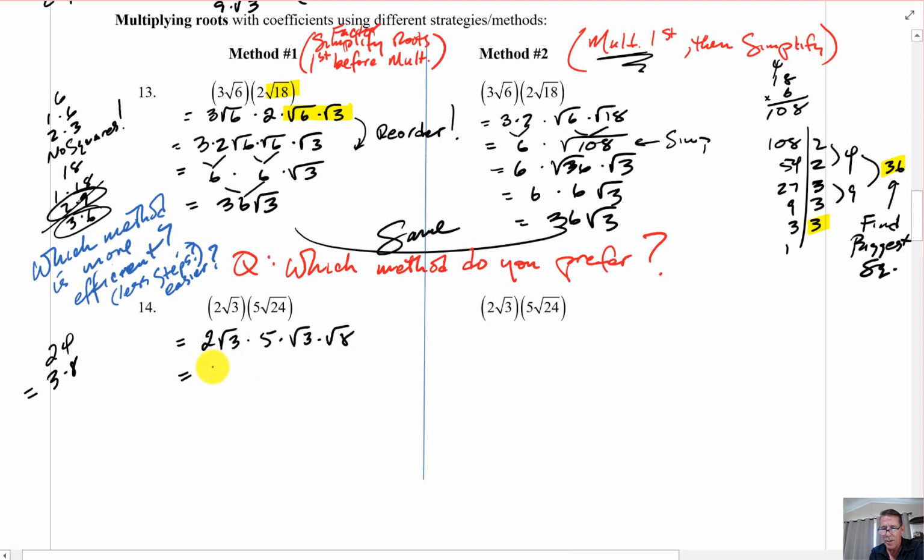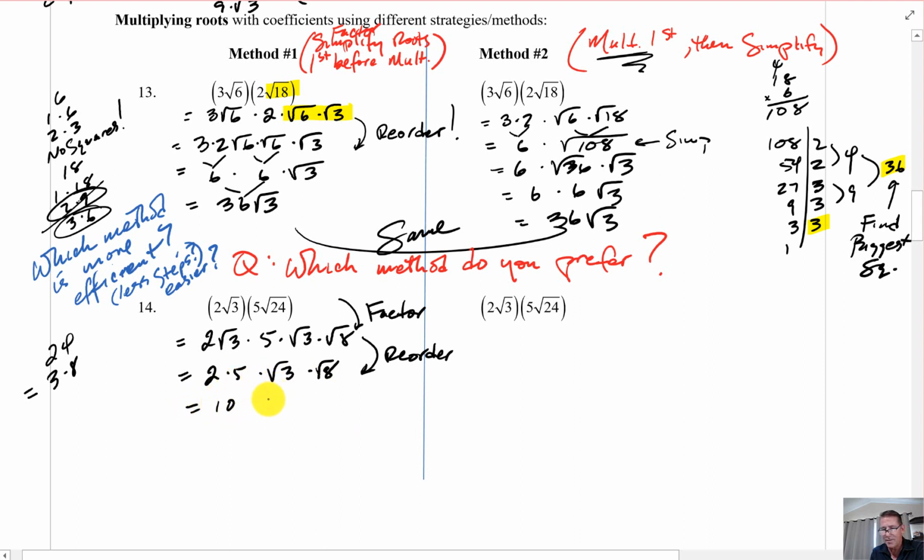Now reordering, I get 2 times 5 times root 3 times 8. All I did is reorder. And here to here I factored. Just factor the number. 24 is 3 times 8, so you factor it first. And now you figure it out.